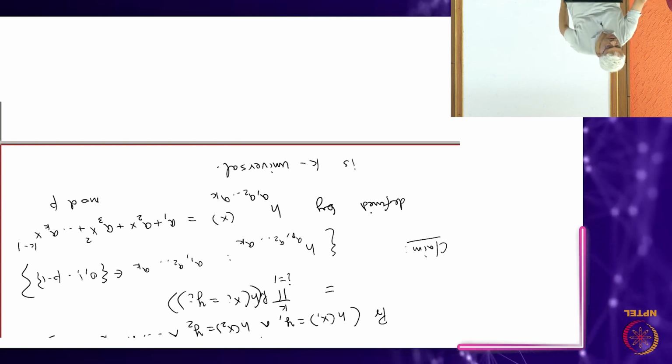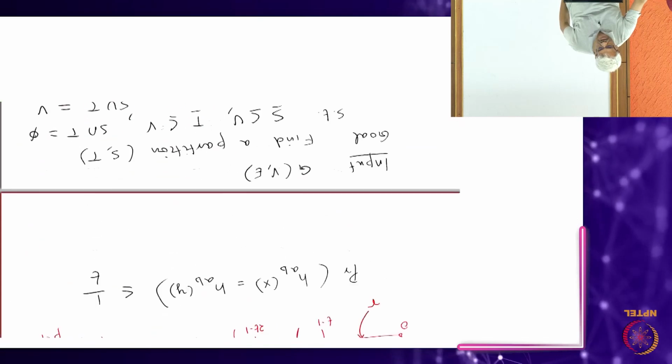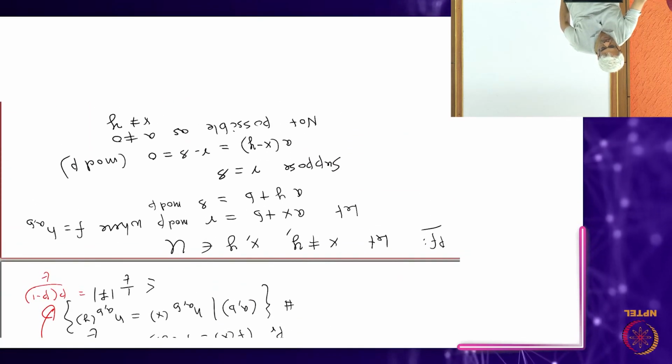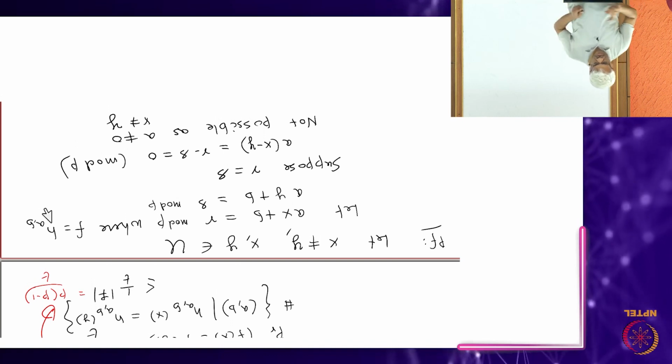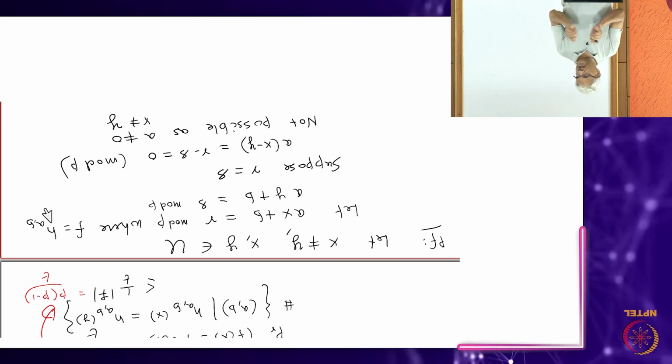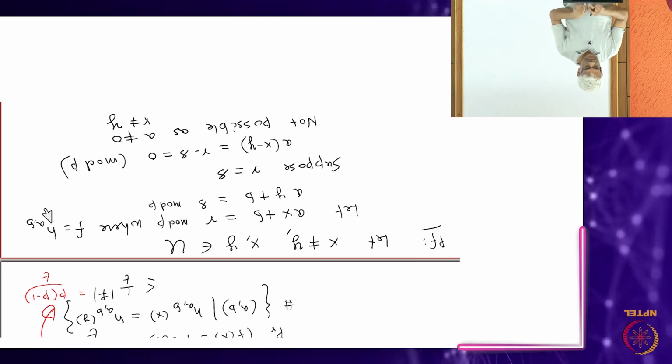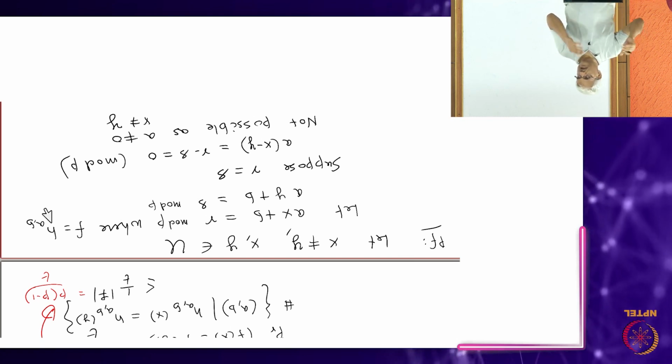So, the key thing to argue this is the following. We argued that if x and y are different and a, b are from this field, then ax plus b and ay plus b are different.